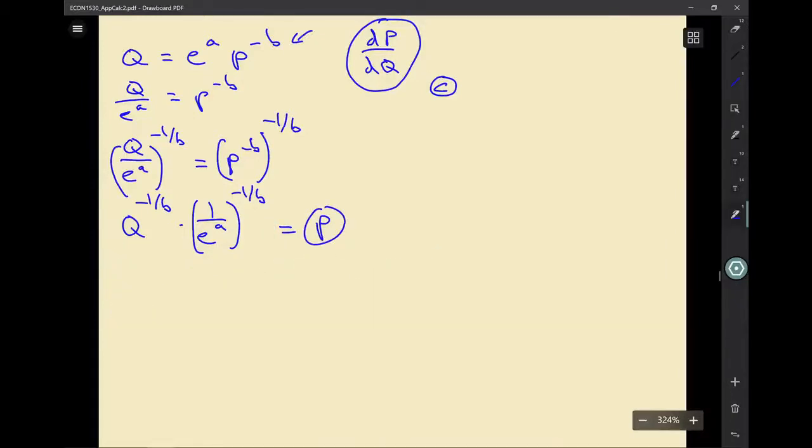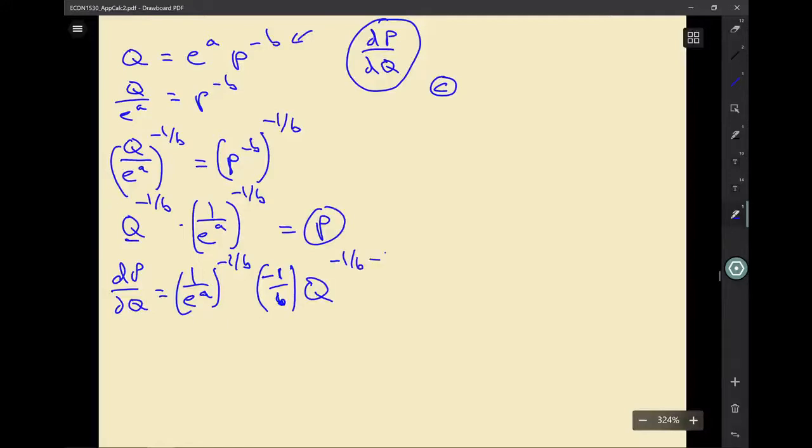I'm going to take the derivative of P with respect to Q. And so we're going to get the derivative of P over the derivative of Q is equal to 1 over e^a to the negative 1 over B, that doesn't change, negative 1 over B times Q to the negative 1 over B minus 1.